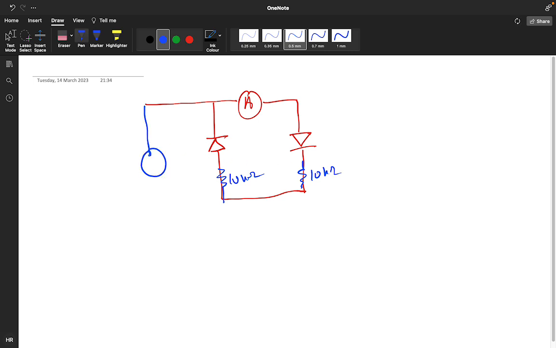And this is your 4 sine omega t. 4 sine omega t means the curve is like this, positive negative positive negative. So this is the positive cycle, this is the negative cycle.